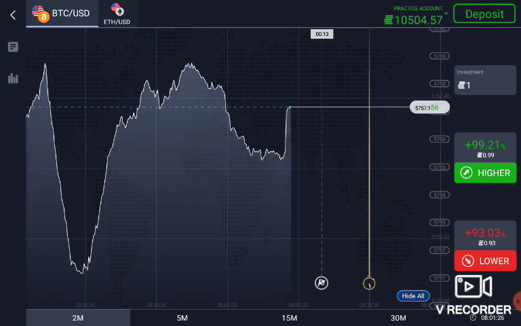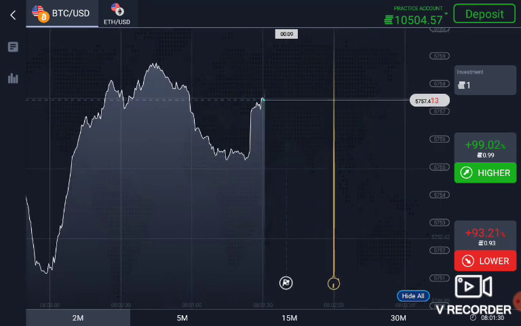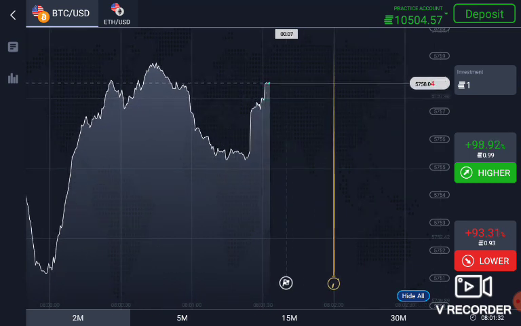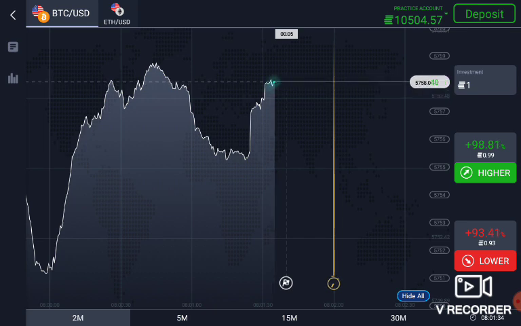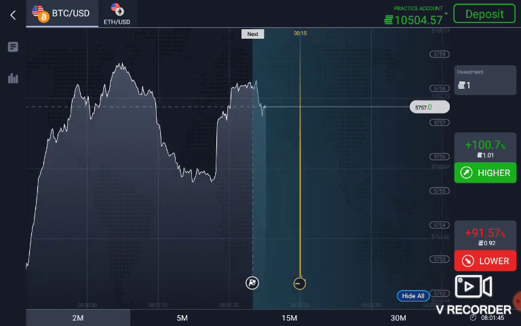So right now what we're using for our demonstration is a Samsung tablet, which is an Android. So you can actually download the options app on any Android device, and it will allow you to trade in Bitcoin, Ethereum, and Dragon token.